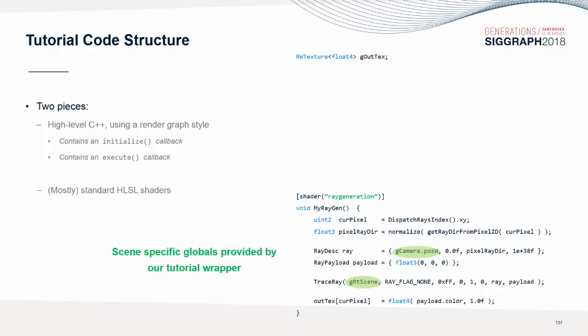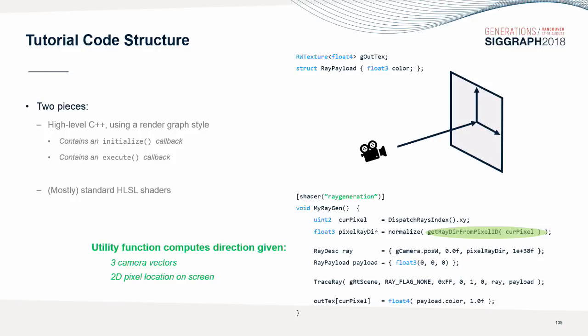And these values here, the camera position and the scene acceleration structure, are specific globals provided by our tutorial wrapper. We need a ray payload, and then this function here is a utility function that simplifies that 5 lines of mess that I had on the previous slide into a simple abstraction here. And again, you take a camera position and 3 vectors plus your position on the screen to get you a ray for your current pixel.